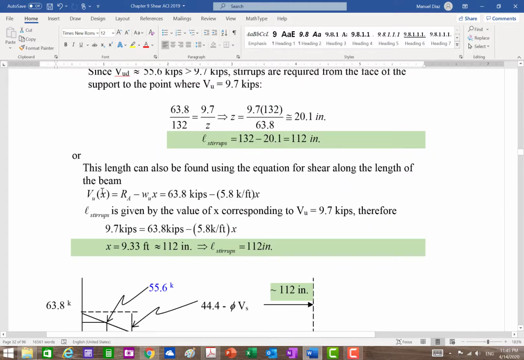So I'm going to make my VU equals 9.7, right? My reaction, my omega U, and my X, and I got 9.33 feet, change it to inches, I get about 112, very similar to that number. So 112 then, so 112 right here, color-coded, right, is the distance that I need to cover with the stirrups.